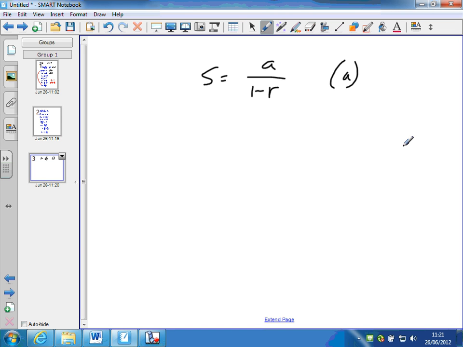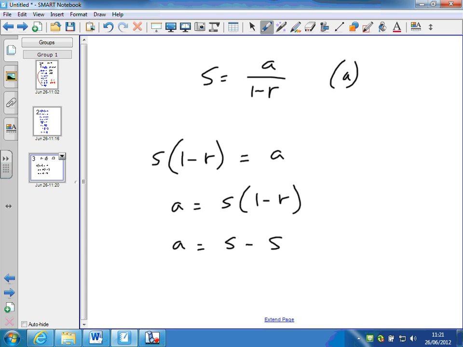Multiply both sides by 1 minus R, S times 1 minus R equals A. Noting I put a bracket around the 1 minus R because S has to be multiplied by that whole term. So that's one way of writing the answer. A equals S into 1 minus R. The other way of writing the answer is to multiply out the brackets. So we could also write that A equals S minus S times R.